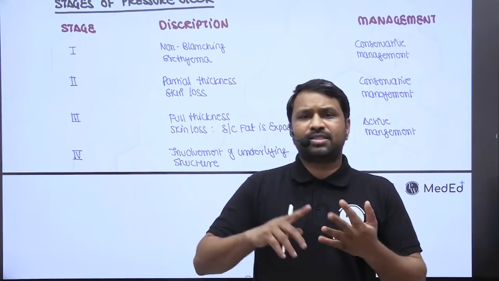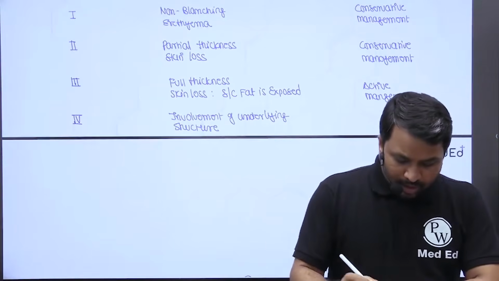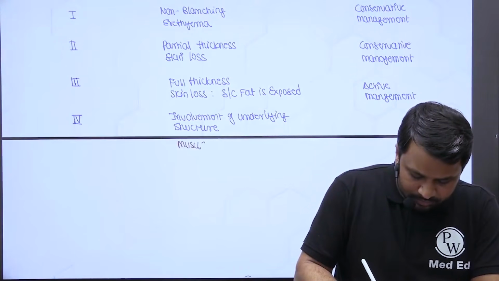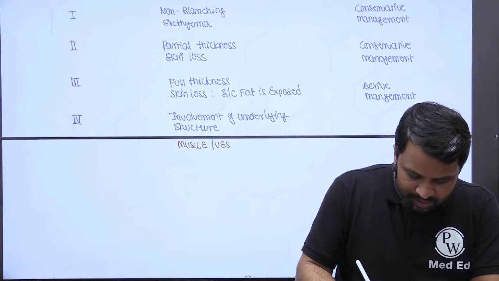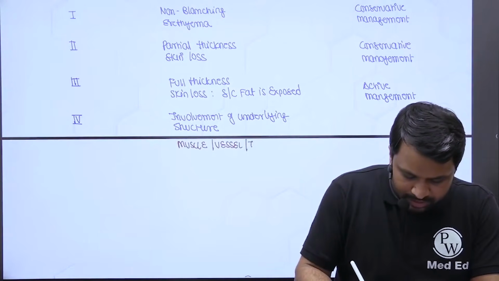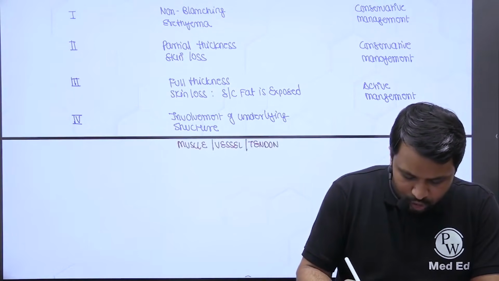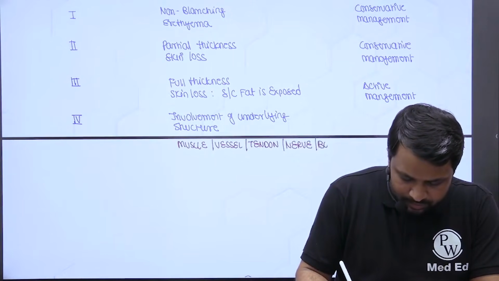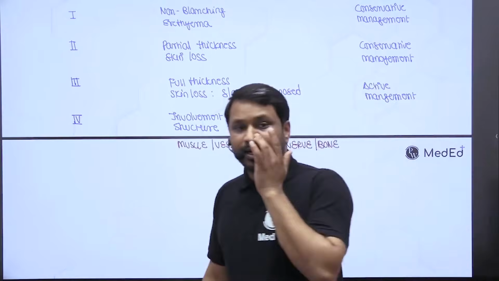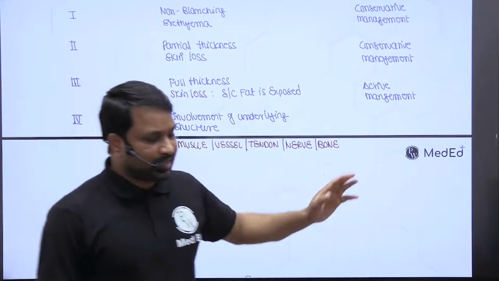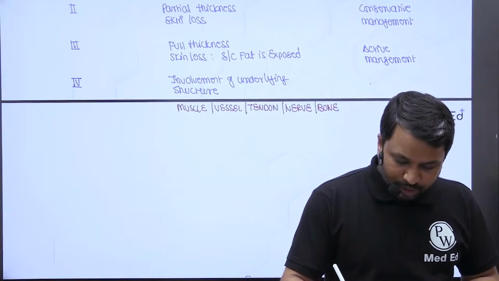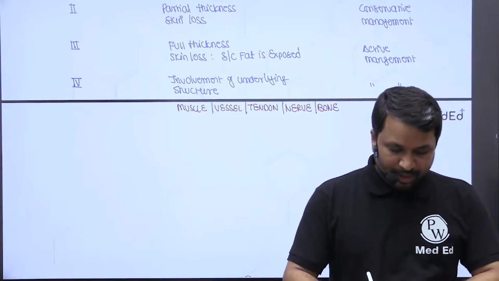It could be a muscle, a vessel, a tendon, or a nerve. Or in fact, it can be a bone as well, anything. If any underlying structure is involved, it will directly become stage 4. For stage 4 also, we would go with active management.